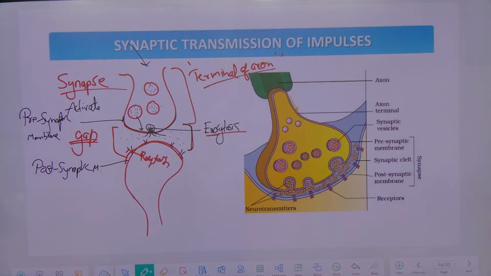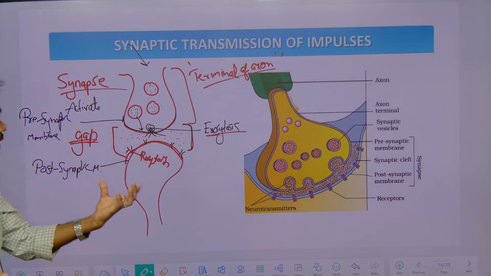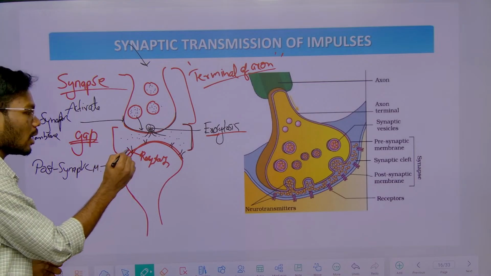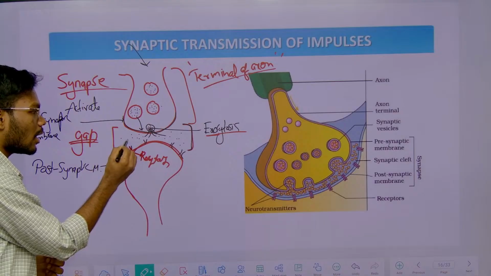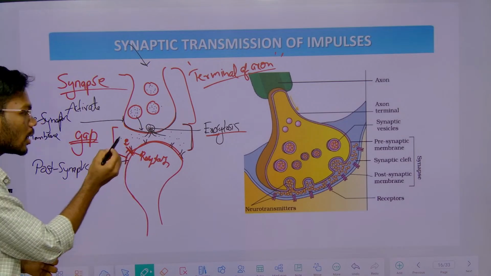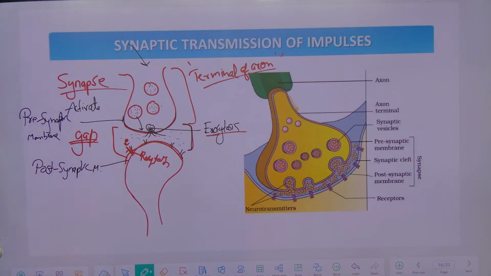These receptors are present in the postsynaptic membrane. Synaptic vesicles are present in the presynaptic neuron, and this is the postsynaptic neuron. So these receptors recognize this neurotransmitter, or the neurotransmitter will bind to this particular receptor.